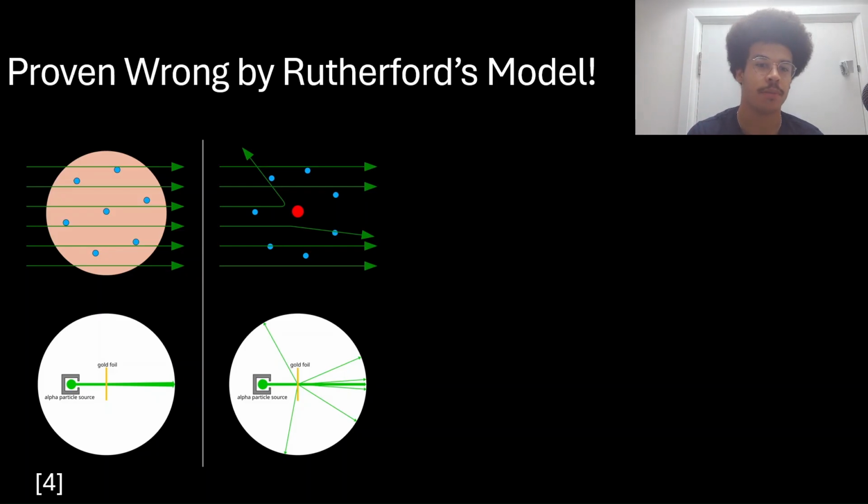Back in the time, everyone was using gold foil and gold leaves for painting and stuff like this, so it would have been an easily accessible material, and he shone it at the gold foil.